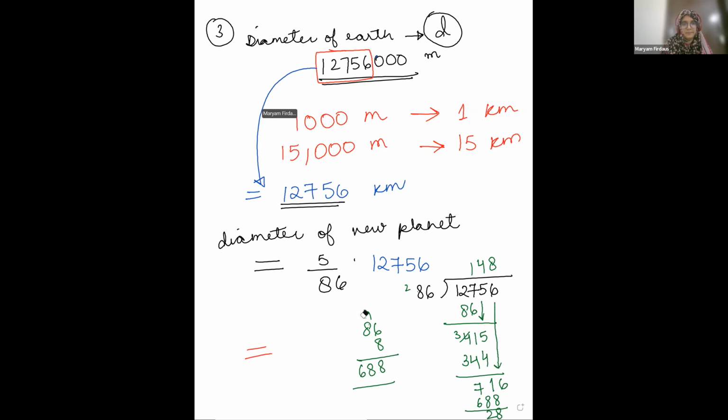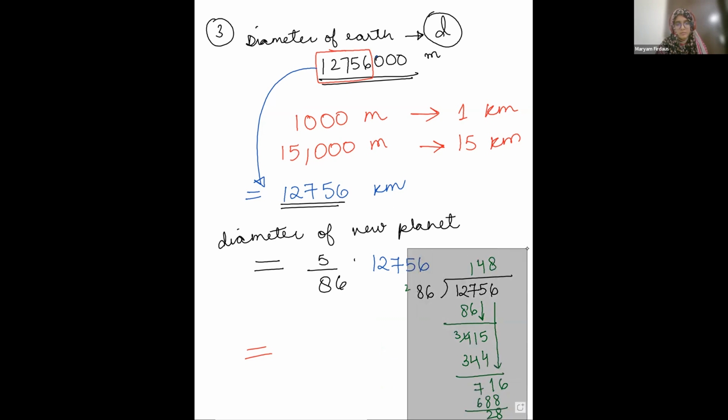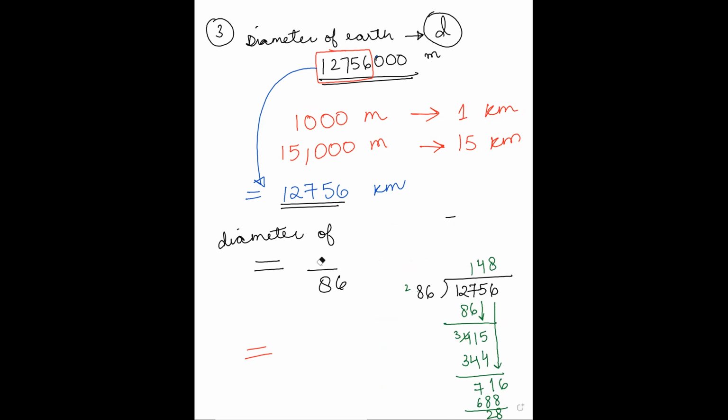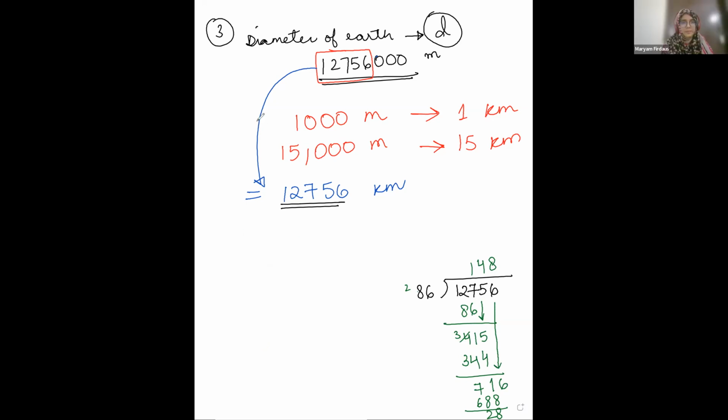Okay. Wait, let's carry this on to the next page. No, it still won't happen. I'll copy paste. I'm going to erase this for the time being, because I want to move it upwards.